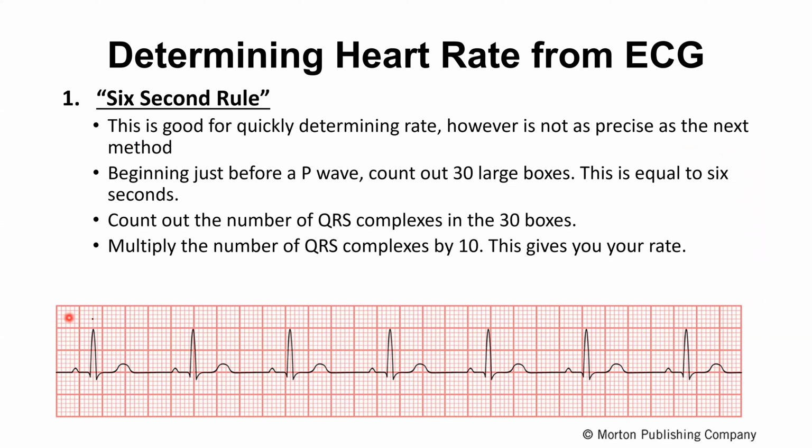So if we have 1, 2, 3, 4, 5, and again 1, 2, 3, 4, 5, and so on, if that is 1 second, that's a whole second, that's 1 second, that's 1 second, that's 1 second.